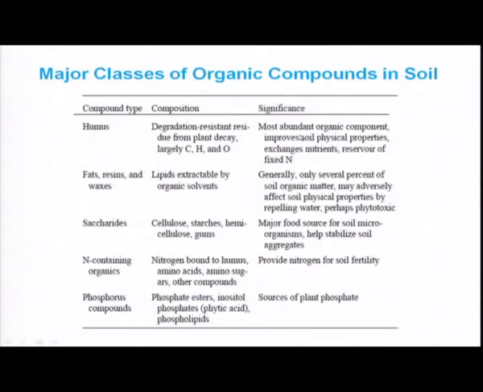This is the most abundant organic component and improves the soil physical property, exchanges nutrients, and acts as a reservoir of fixed nitrogen. These are some of the special things about humus material in the soil, which is derived from vegetation.